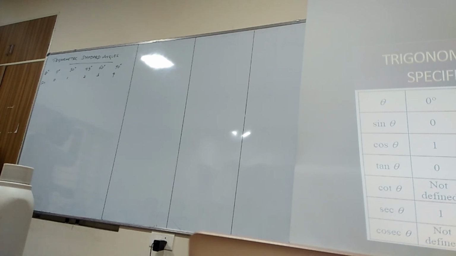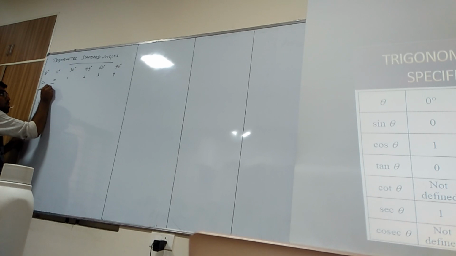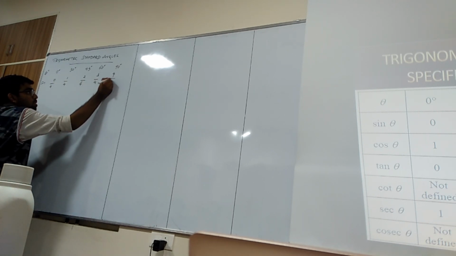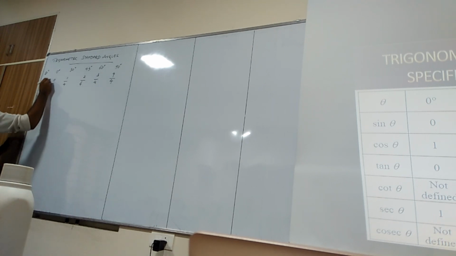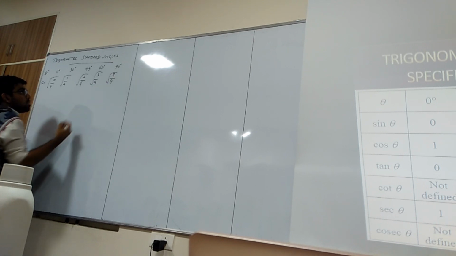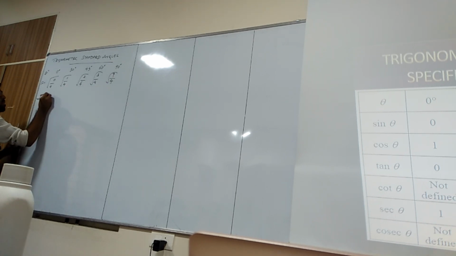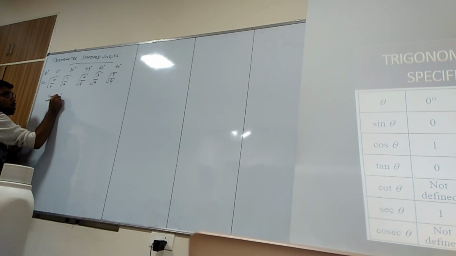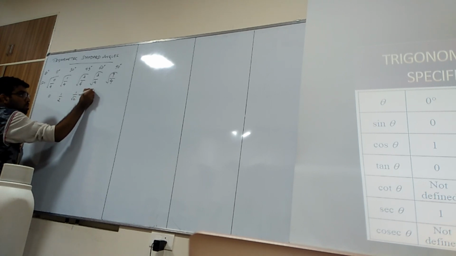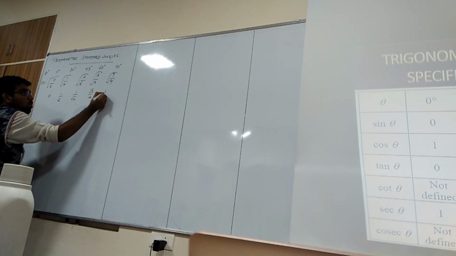Divide by 4. Take the square root. What happened? 0, 1 by 2, 1 by root 2, root 3 by 2, and 1.